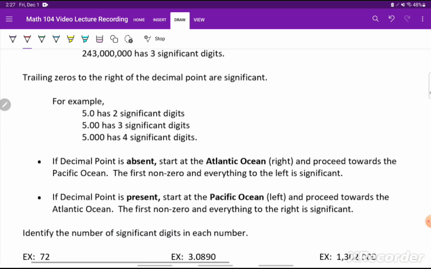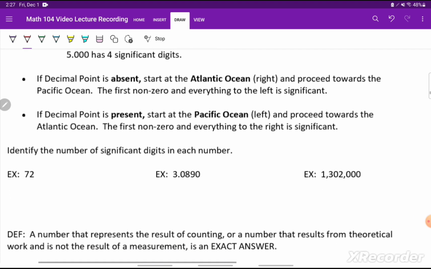Trailing zeros to the right of the decimal point are significant. So for example, 5.0 has 2 significant digits, 5.00 has 3 significant digits, and 5.000 has 4 significant digits.